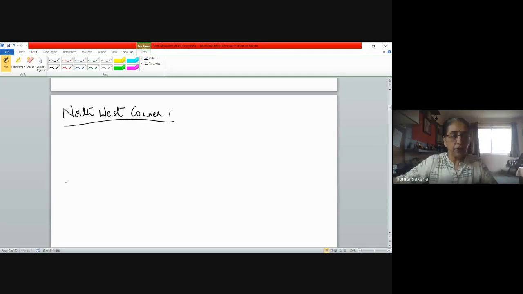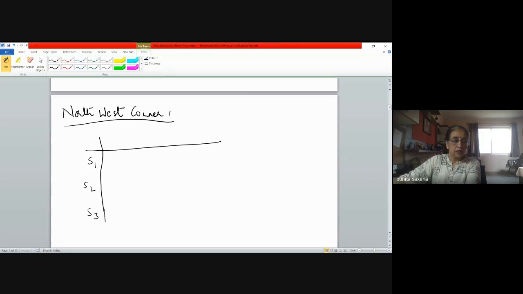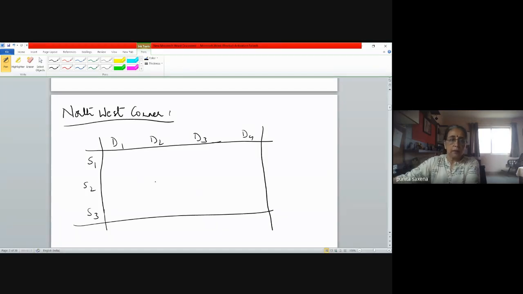Suppose I have a problem where I have got, I'll make the table directly. Is that fine? Supposing I have a problem where I have three sources, S1, S2, S3, and I have four destinations, D1, D2, D3, and D4. Supposing this is my problem, okay.